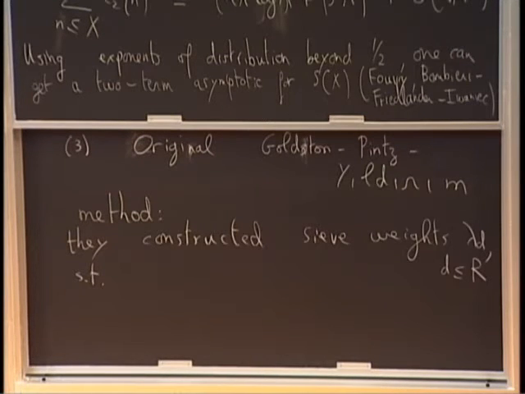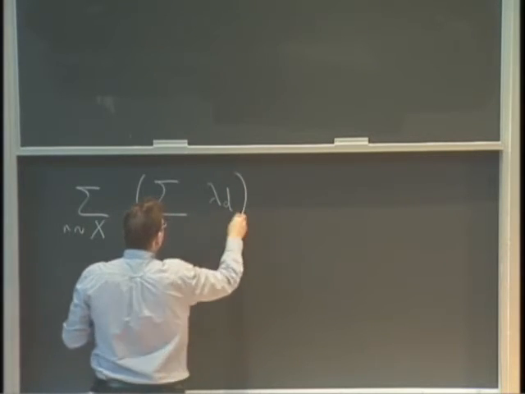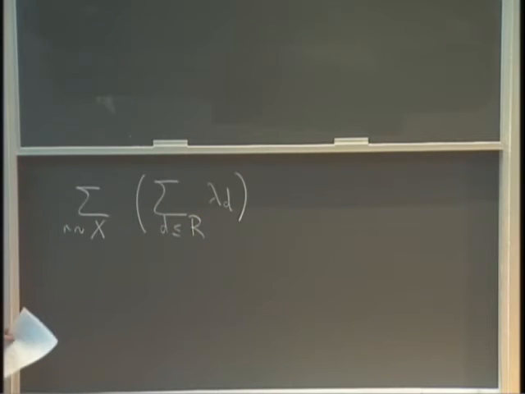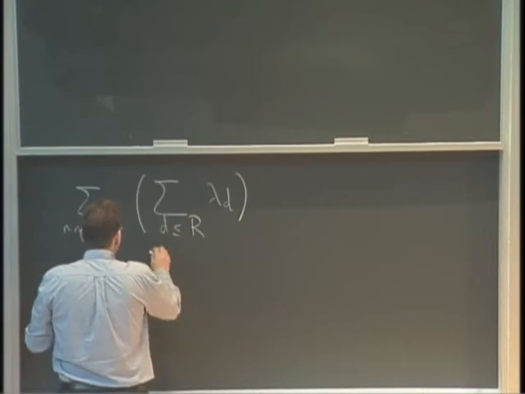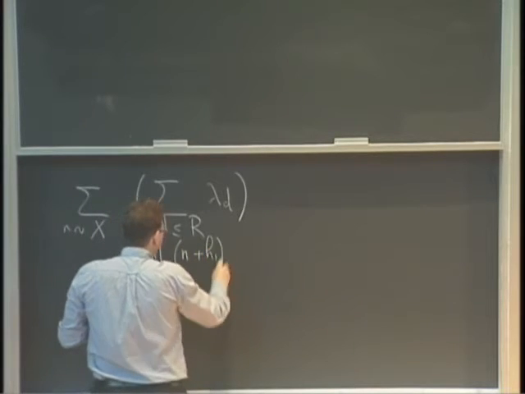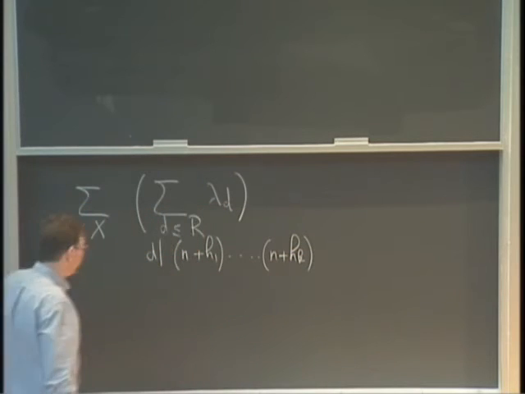So you sum over integers in some interval of length x. Then there are the sieve weights, which are built using the lambda d's, bounded by d up to R. Then d divides the product of the n plus h_i's.